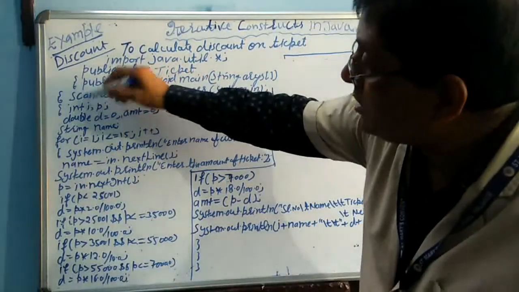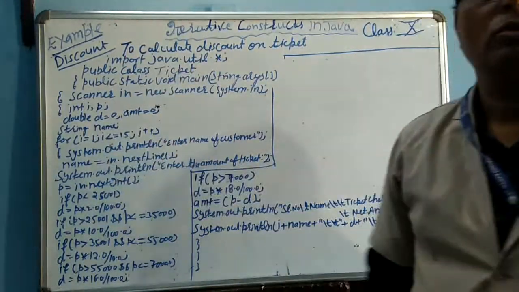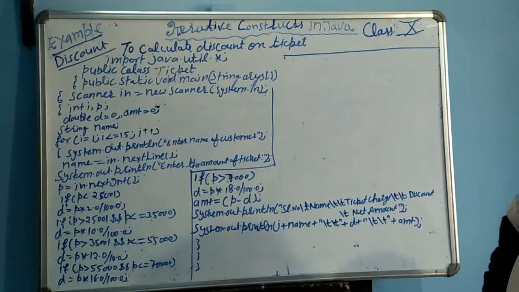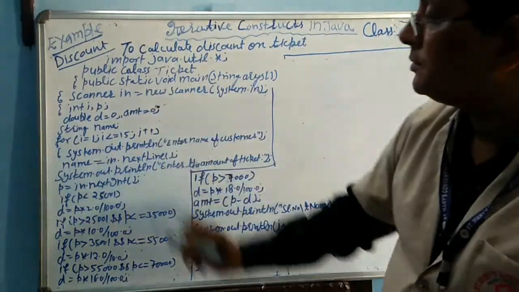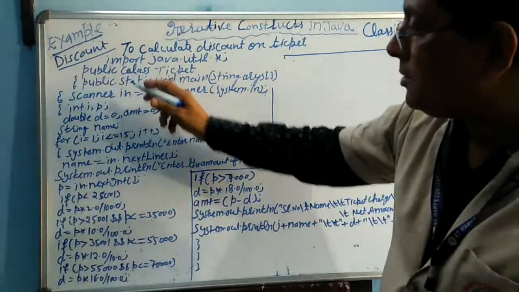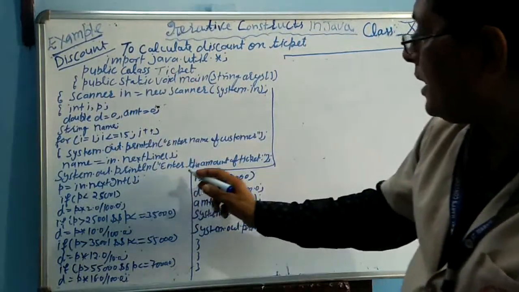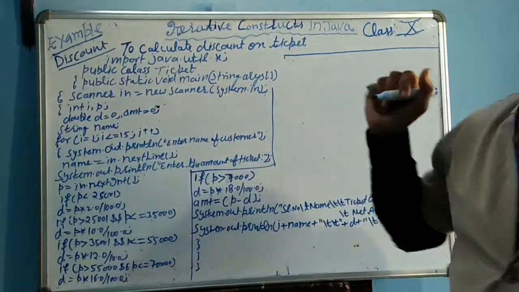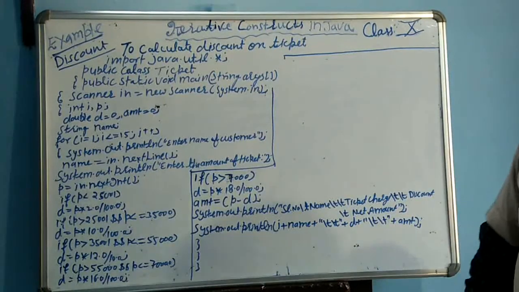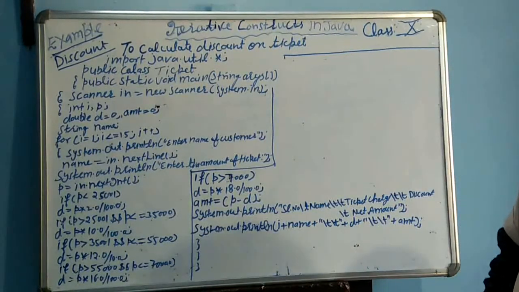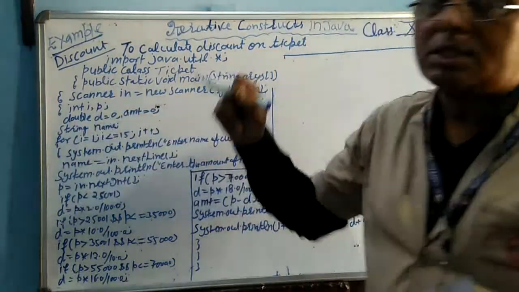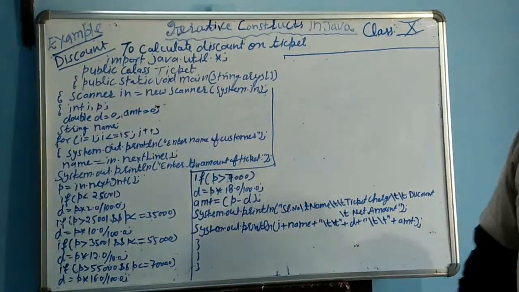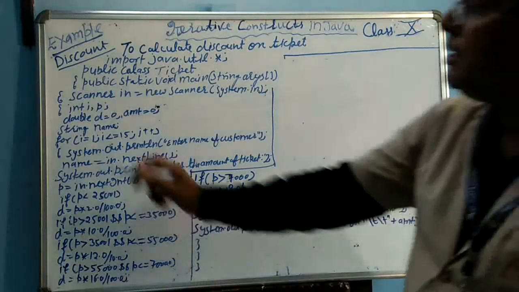We are using i for the loop, and p for the amount of the ticket. Now one more data type we are using is String, the String data type for the name.